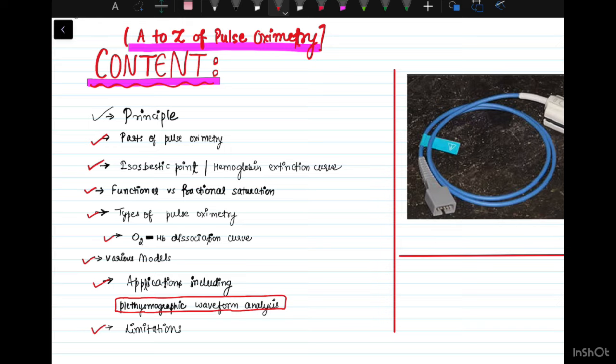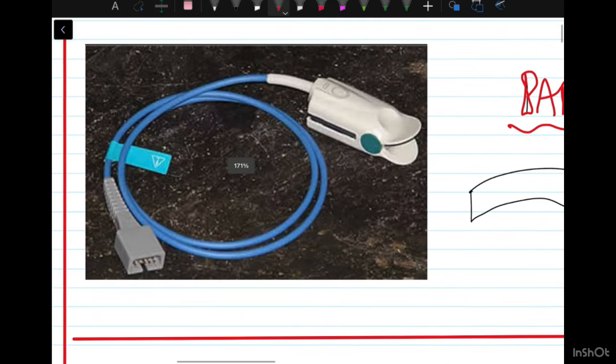And the last one being the most important, that is the limitations of pulse oximetry.